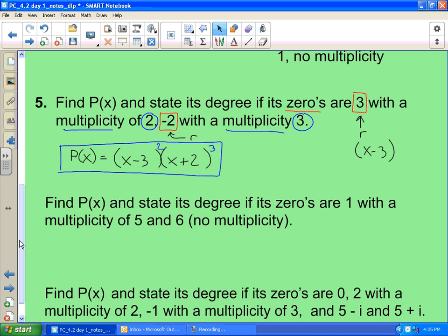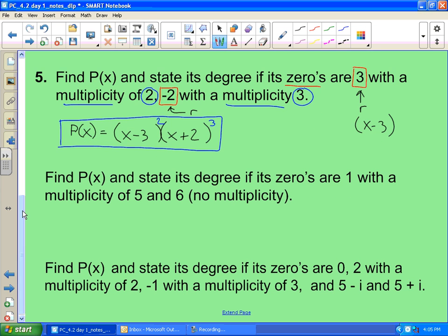Now let's talk a little bit about these two special cases of multiplicity. The x minus 3 squared, this guy is called a double root. And the x plus 2 cubed is called a triple root.